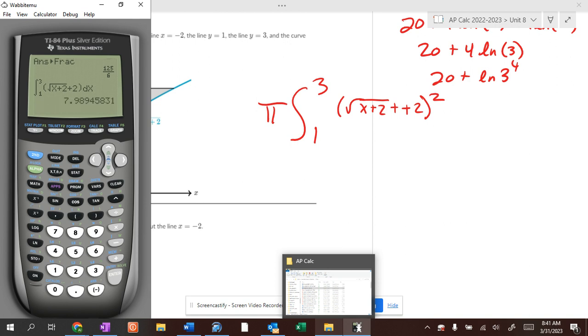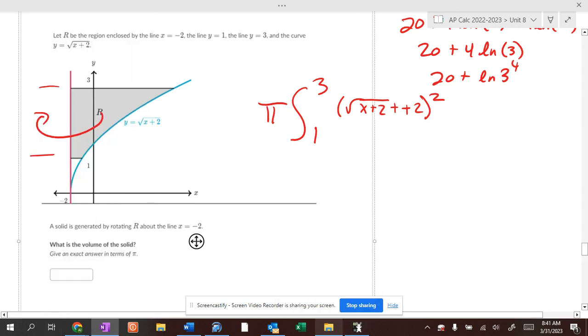Enter. Yeah, that's just ugly. Math, turn to fraction. Yep, dang it. I knew that would happen. They wanted exact terms of pi. That's not nice of them. Not nice at all.